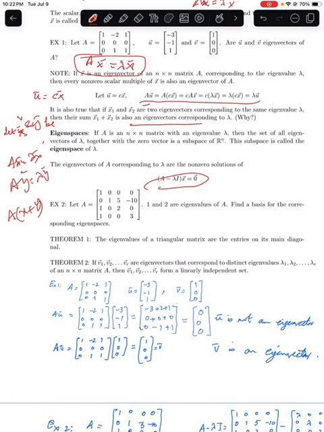Theorem 1: the eigenvalues of a triangular matrix are the entries on its main diagonal. Now remember, 0 can be an eigenvalue of some matrix.